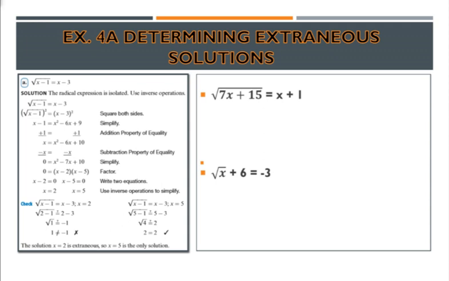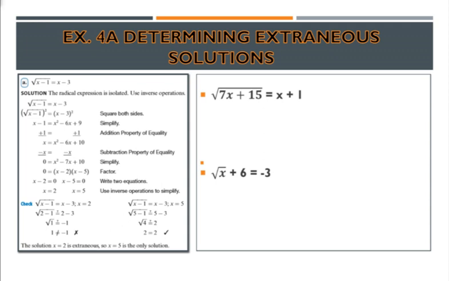Just to clarify with this, when you find a square root of a positive number, you're only going to be using the positive root. So when you find a square root, you can have two roots, a positive and negative. We're only using the positive root. Keep that in mind as we solve these.